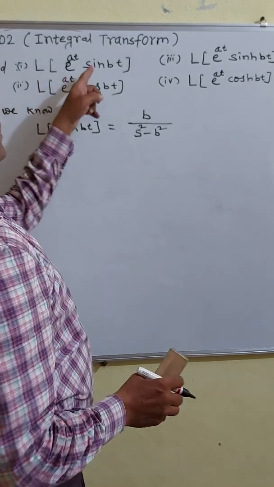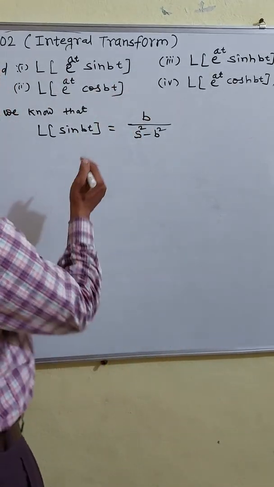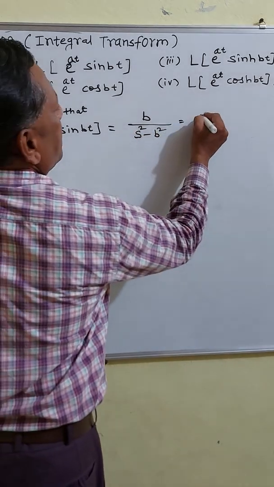You can take e raised to bt into sin at, no harm. Therefore, this is the f of s.